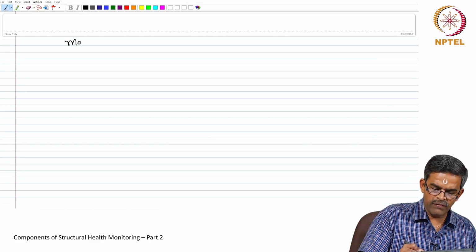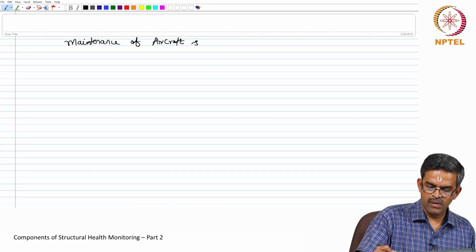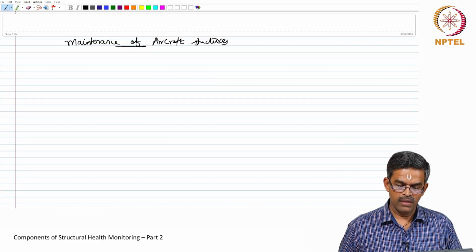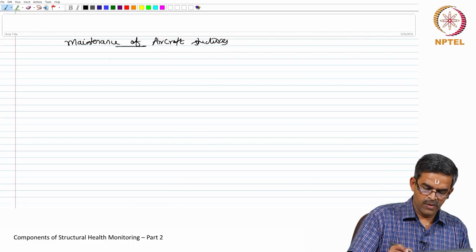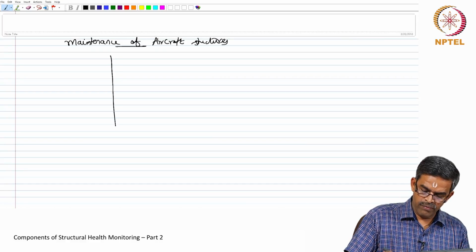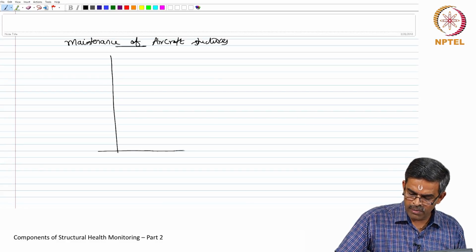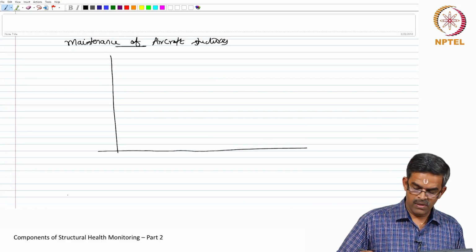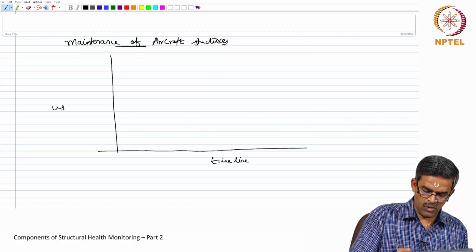Interestingly friends, if you look at the maintenance of aircraft structures, one can see the use of health monitoring playing a very major role in successful maintenance of them. Look at this curve which discusses parameters which are contributing to the maintenance of aircrafts. Let us say the timeline is on the x axis and usage in the y axis.